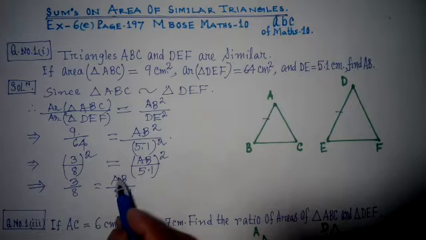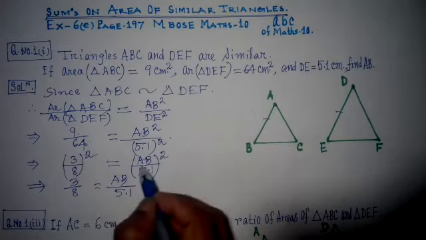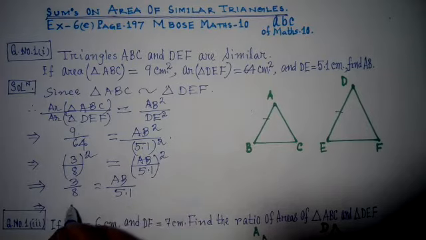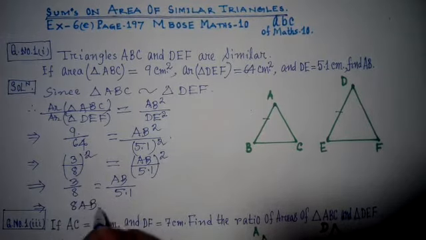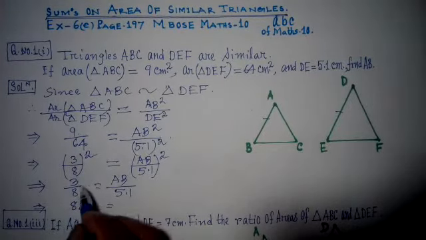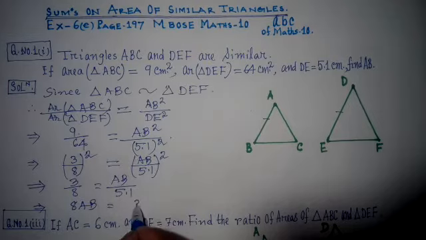Now we cannot cancel here, so let us cross multiply. This side will be 8 into AB, 8AB, and this side 5.1 multiplied by 3. 3 into 1 is 3 and 3 into 5 is 15.